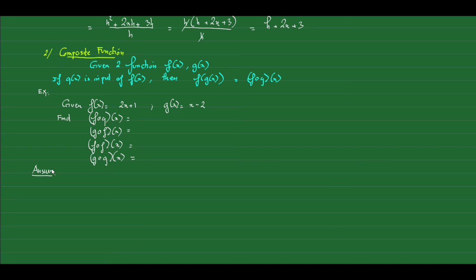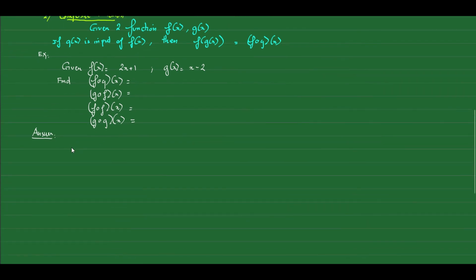Now let's do f of g first. f composed with g means g is the input of f. It means that you're going to plug g into the x of f. You always go backward like this.